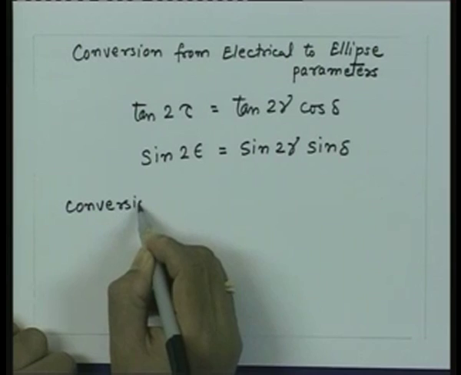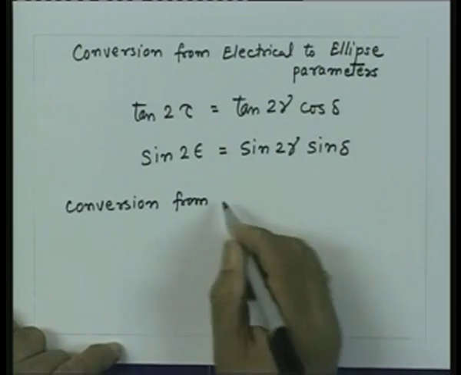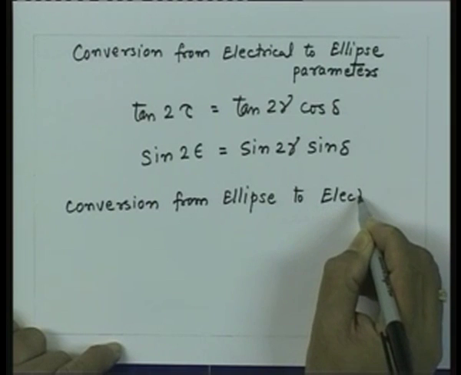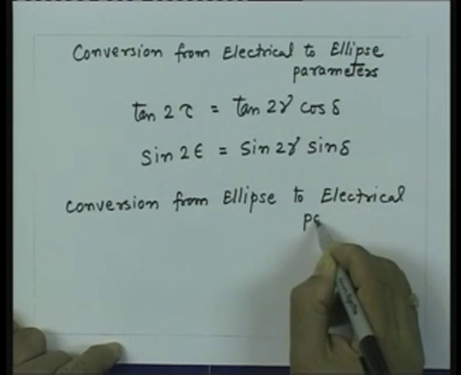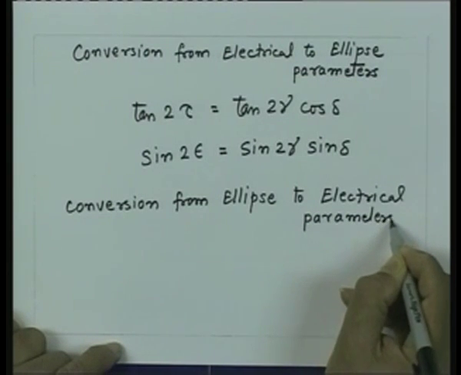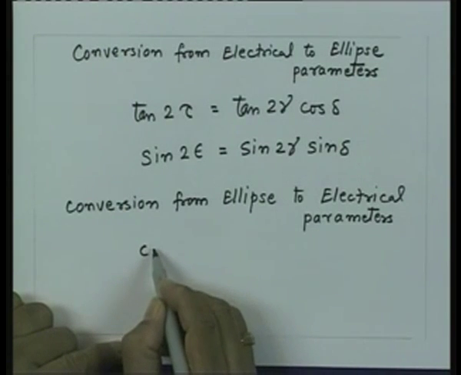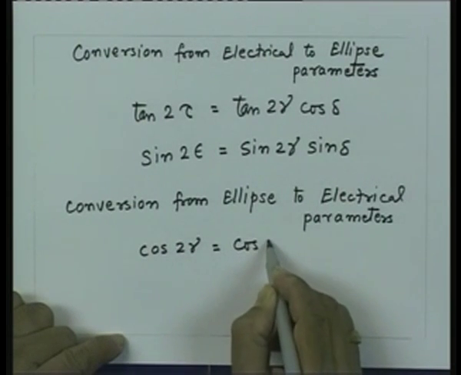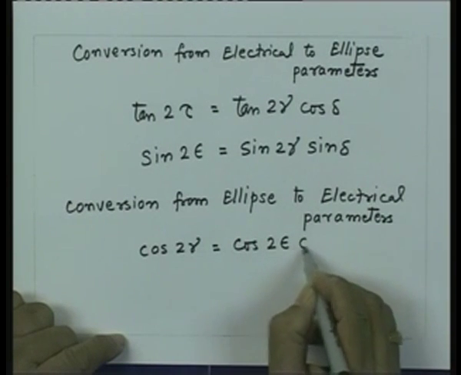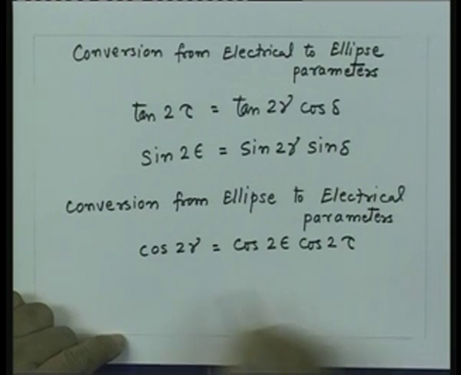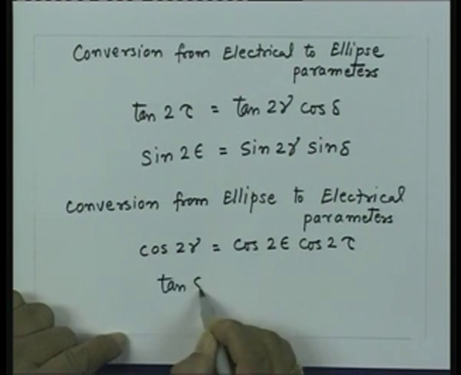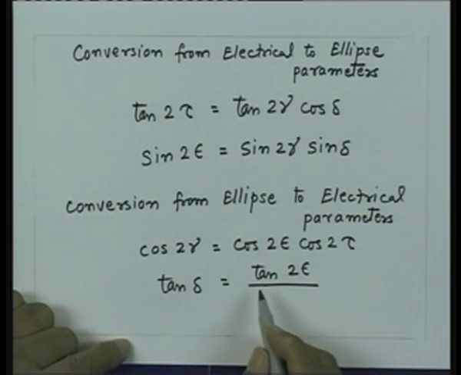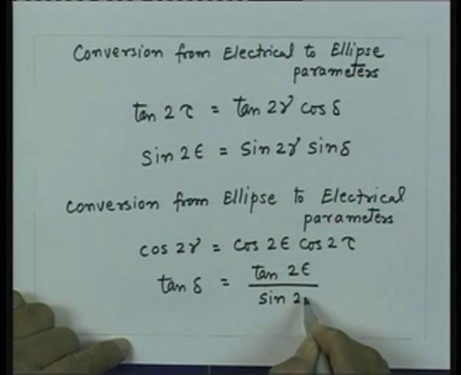For this we have cos of 2 gamma is equal to cos of 2 epsilon cos of 2 tau, and tan of delta is equal to tan of 2 epsilon divided by sine of 2 tau.